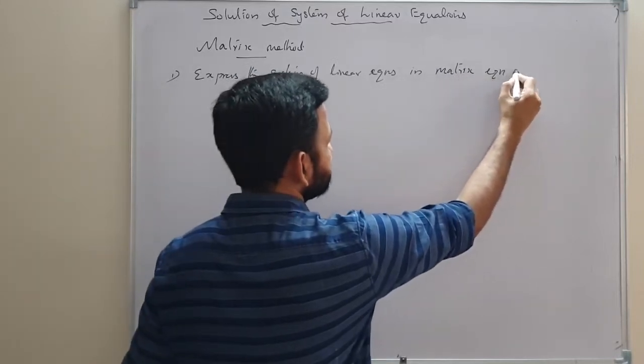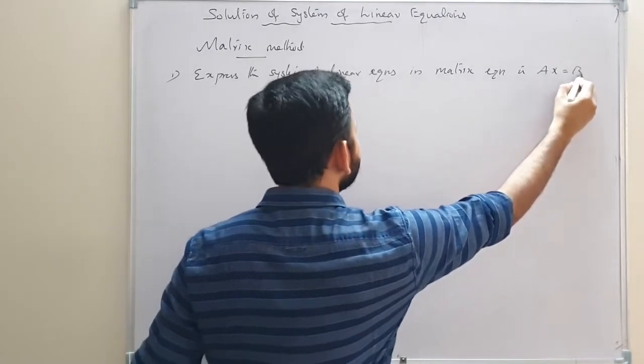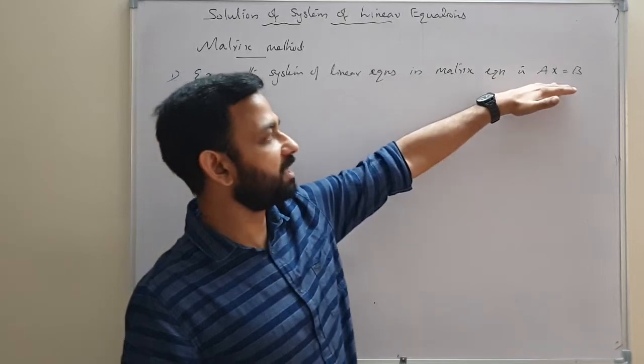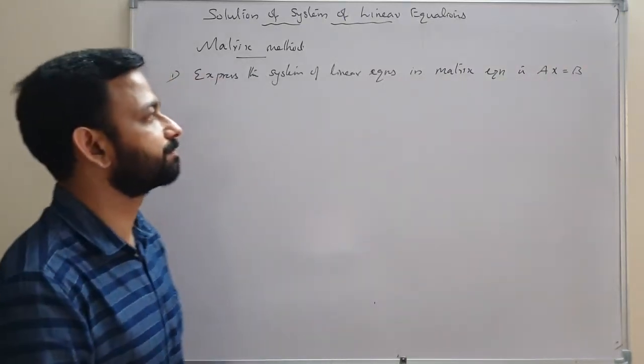Matrix equation, that is AX is equal to B. So that is the first step. First we have to express the given equations into AX is equal to B.